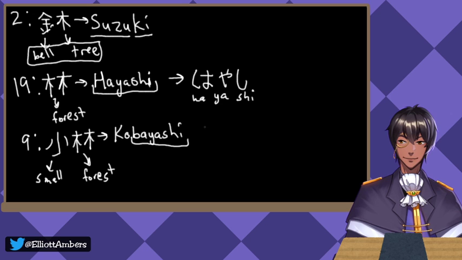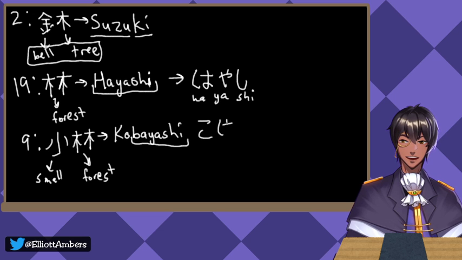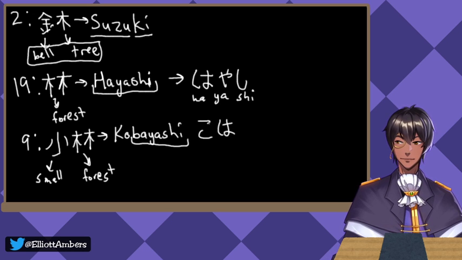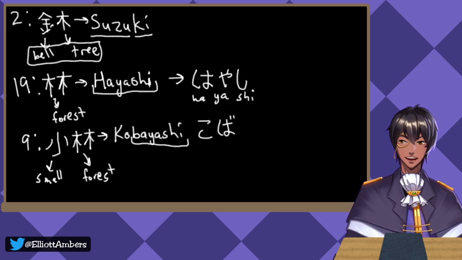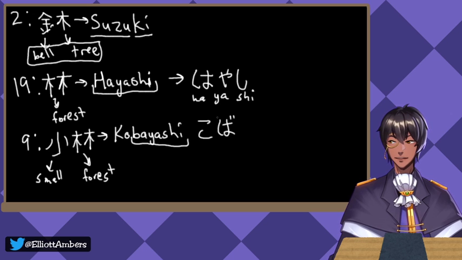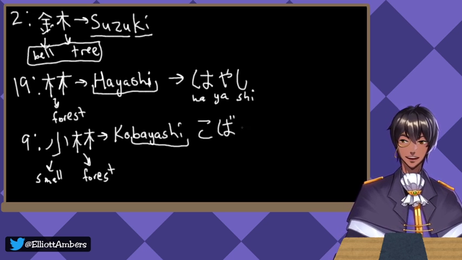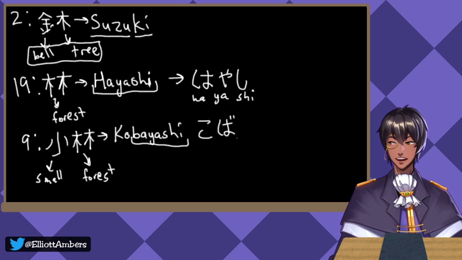Meanwhile, Obayashi uses those same characters, with that ko in the front, and then ha. A lot of times when you make those compound words, a good amount of consonant sounds get muddled when they're compounded together. So instead of Hayashi, it's Bayashi, which is kind of like covering your nose and trying to say that consonant.